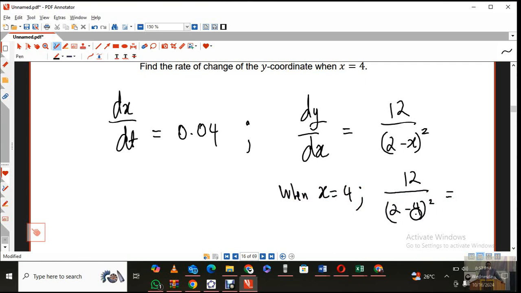Well, that is 2 minus 4, that's minus 2, squared it's 4, so that is 3. So we know that dy dx is equal to 3.